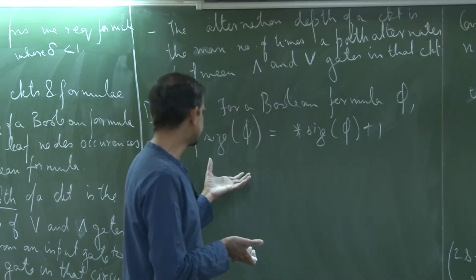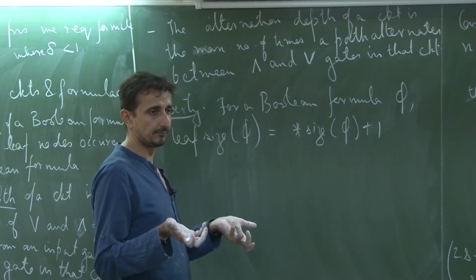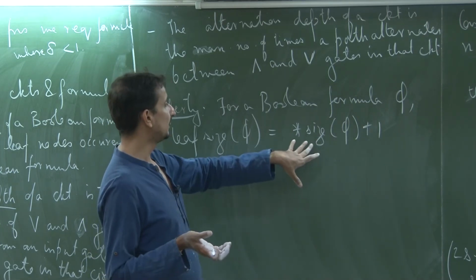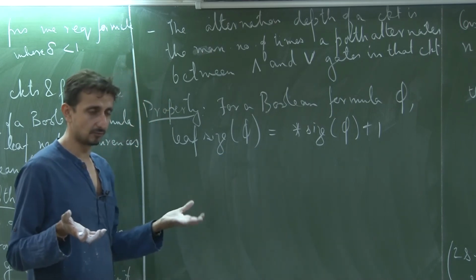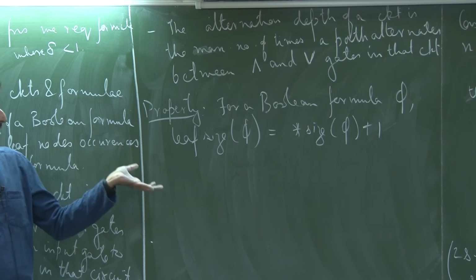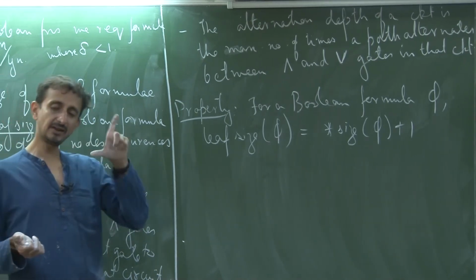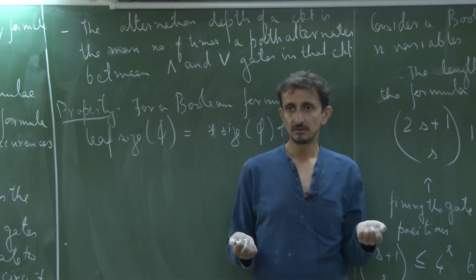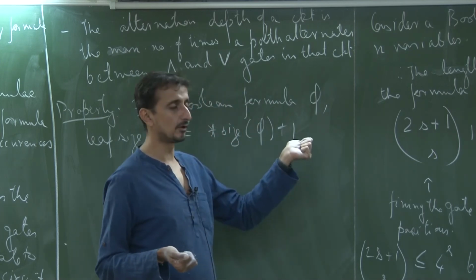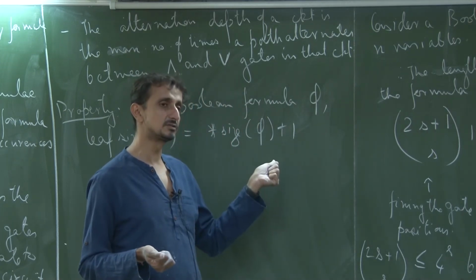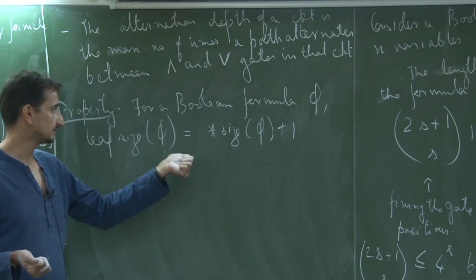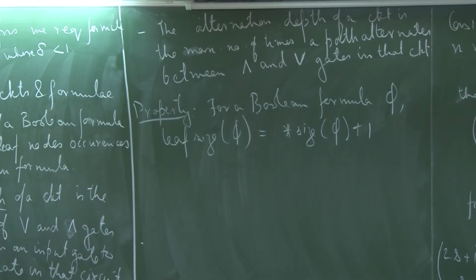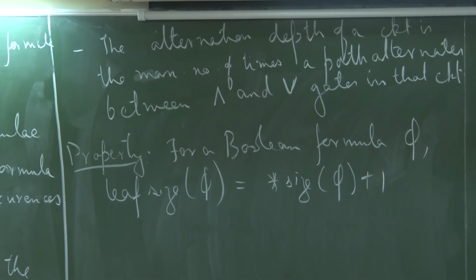When I say leaf size, it means the total number of leaf nodes in that formula, and star size is the number of internal nodes in that formula, and we are not counting the NOT gates over here. Even if this Boolean formula contains NOT gates, what is the fan in and fan out of a NOT gate? Both are 1, right. So, if you look at a Boolean formula, then the number of internal nodes which have degree 2 is 1 less than the number of leaf nodes. So, this actually directly follows from the theory of binary trees.